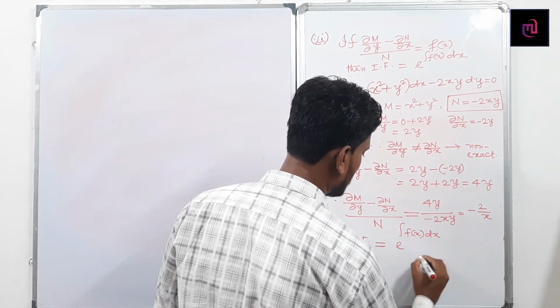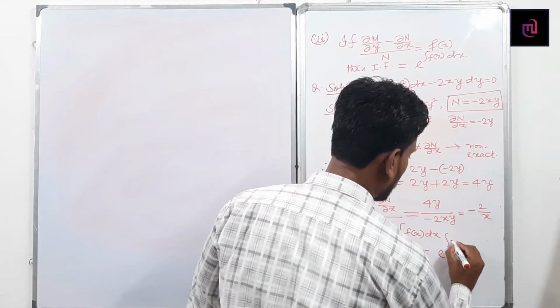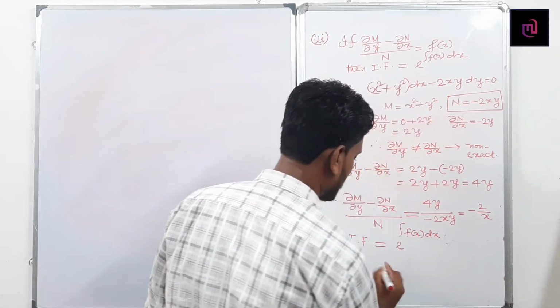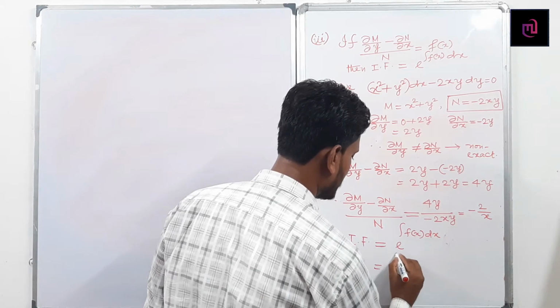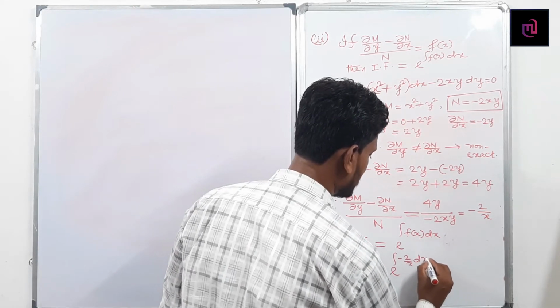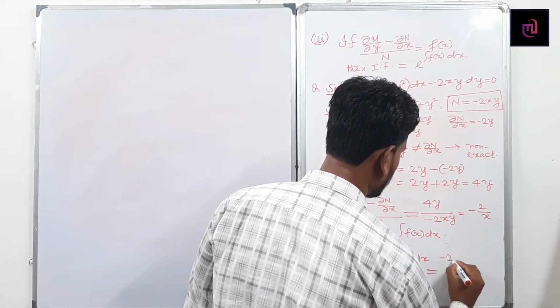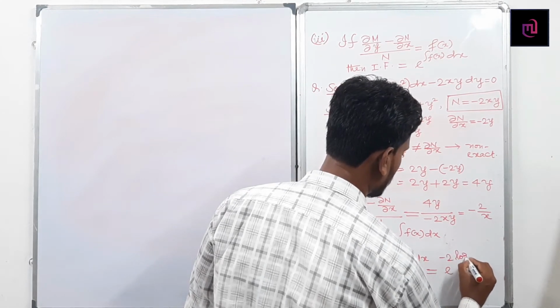This becomes e to the power the integration of minus 2 by x dx. So e to the power minus 2 into dx by x, so it becomes log of x.